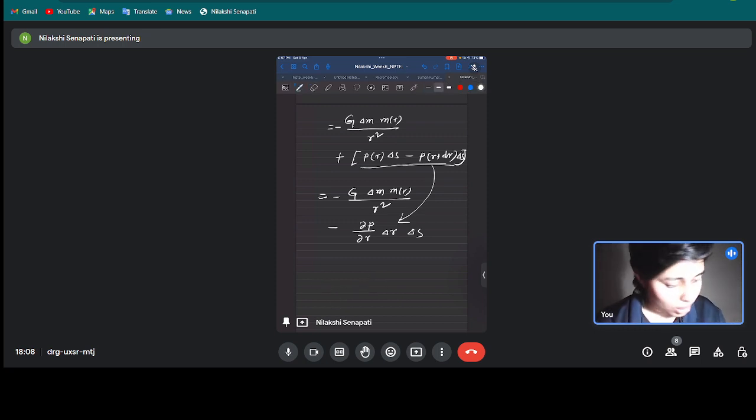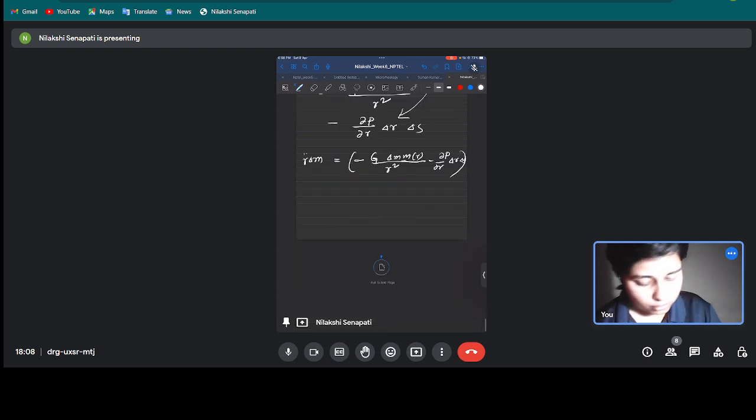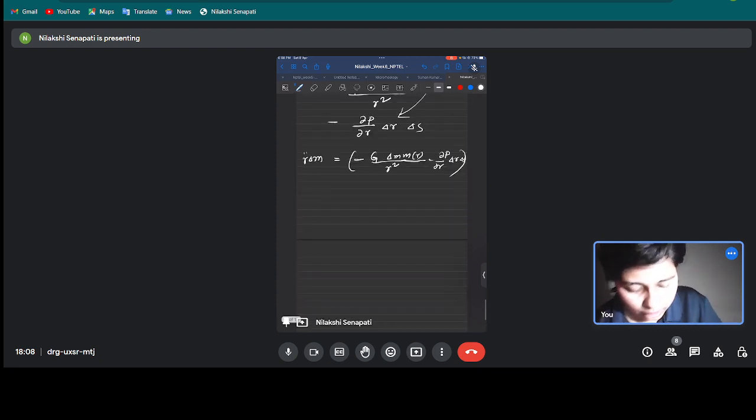So now the equation becomes r double dot delta m equal to minus g delta m by r square minus delta p delta r delta s. So that can be written as r double dot equal to minus g m r by r square.